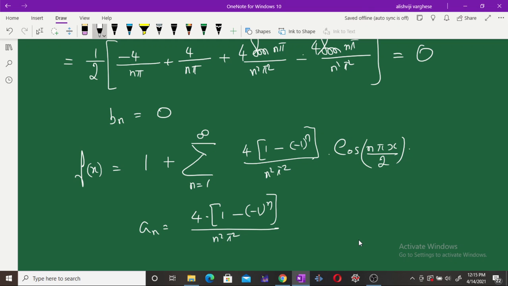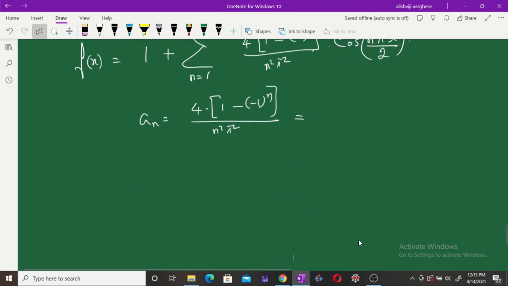So this becomes equal to 0 when n takes the values like n is equal to 2, 4, or when n varies from 1 to infinity.